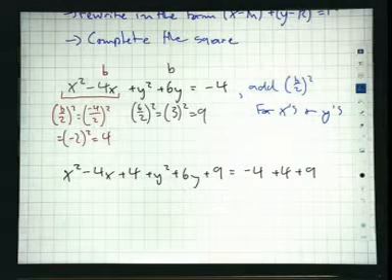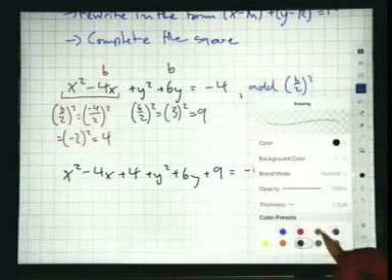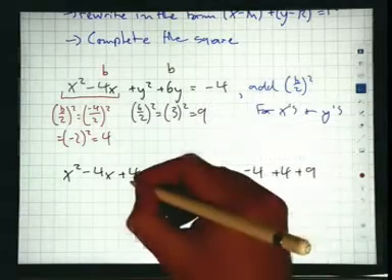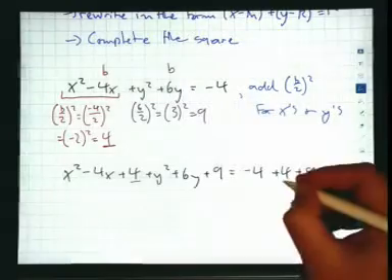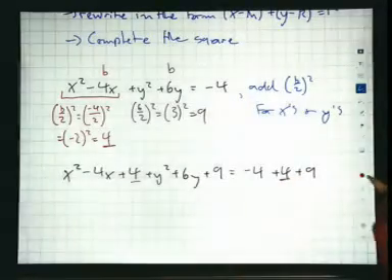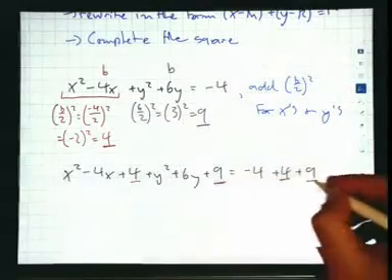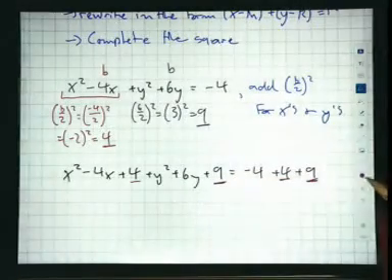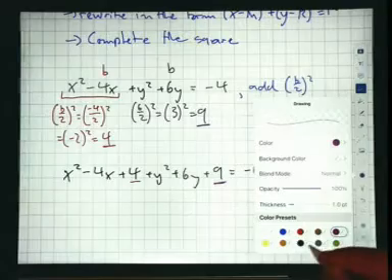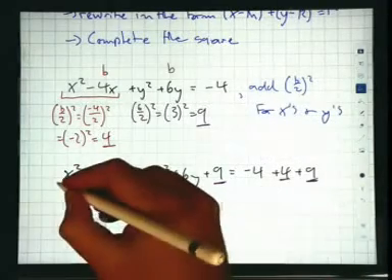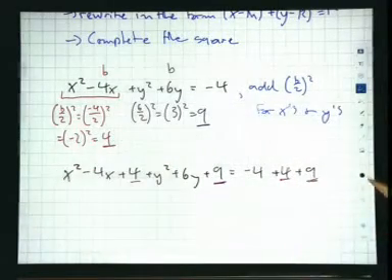I'm going to just underline this. Here's the 4 that we added to both sides, and here's the 9 that we added to both sides. Okay, and at this point, we can go through and factor.